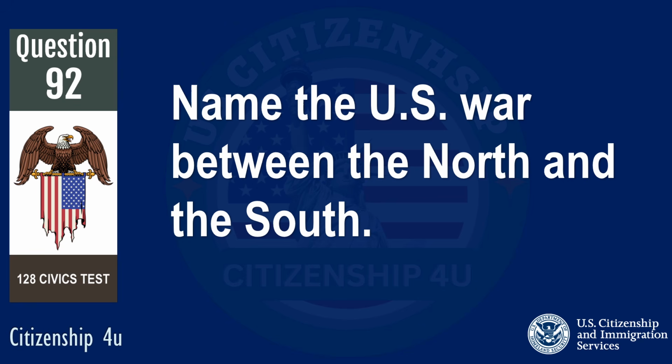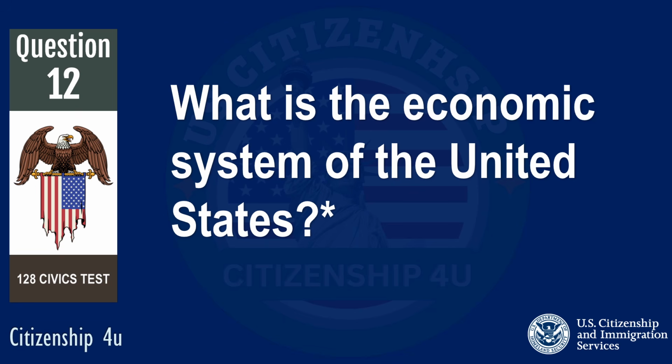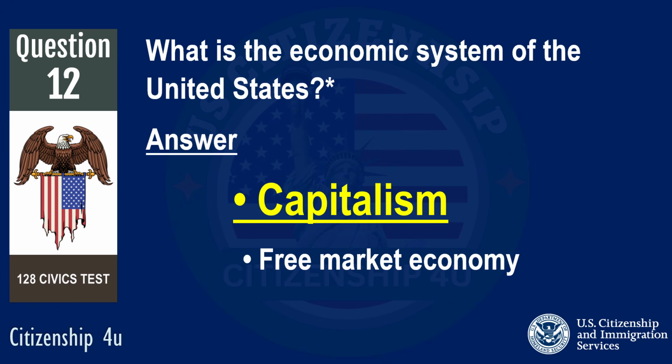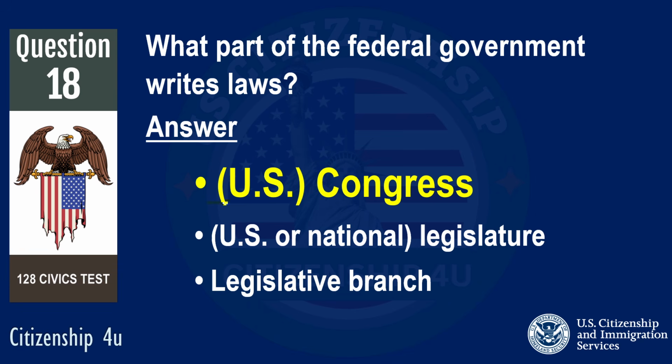Name the U.S. war between the North and the South. The Civil War. What is the economic system of the United States? Capitalism. What part of the federal government writes laws? U.S. Congress.